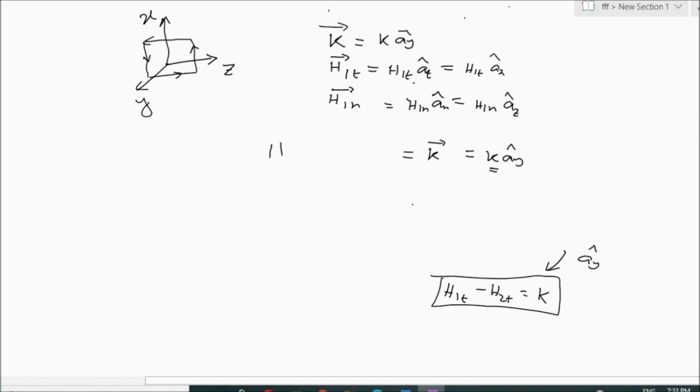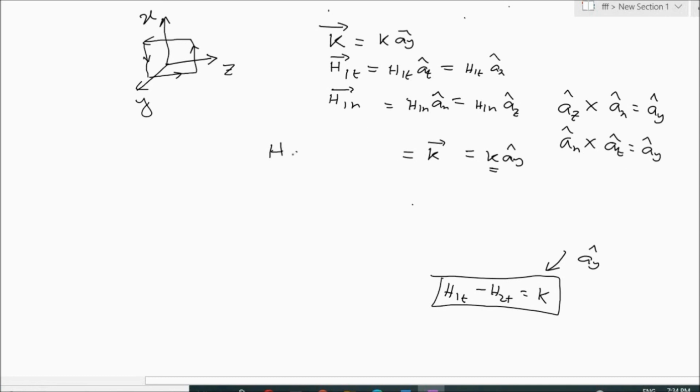There is no ay component in the magnetic field term. As you know from the vector expression, az cross ax is equal to ay, where az is basically the an direction. So an cross ax is equal to ay.